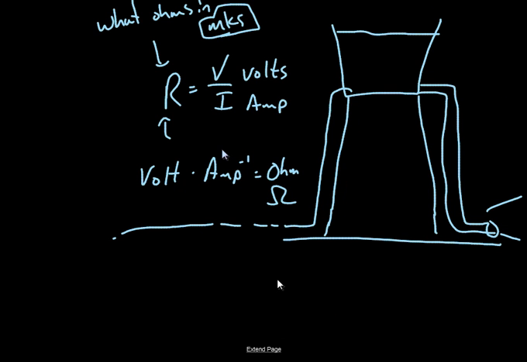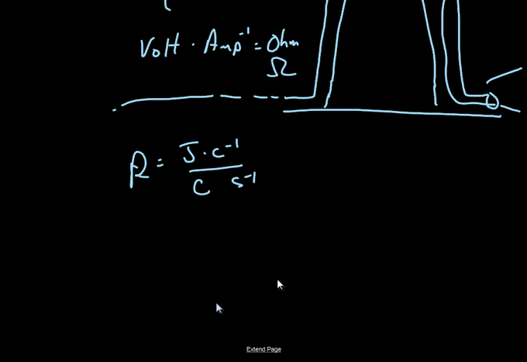Well, let's have a look. So R equals volts. What was volts again? Joules per coulomb. Good. And what was amps? Coulombs per second. So we could say this: R should be equal to joules, coulombs to the -2, seconds to the -1.